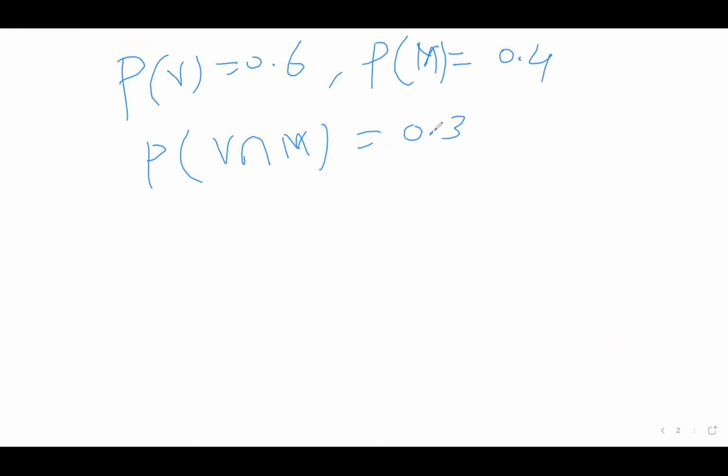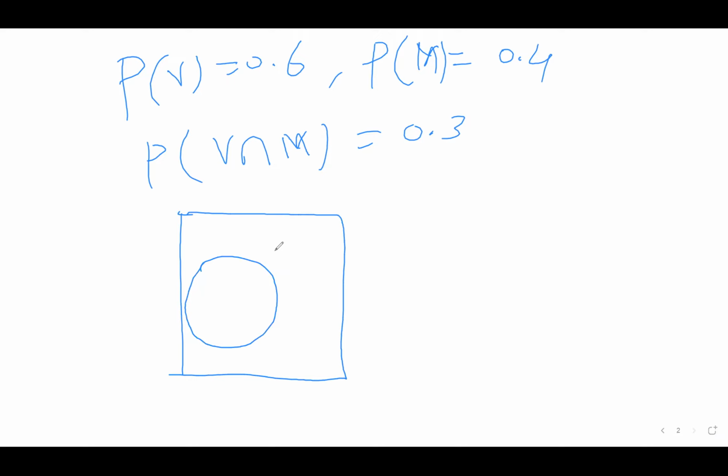So these probabilities were given, and now we can construct the Venn diagram. Red is MasterCard, and blue is Visa card. So this area is the intersection.